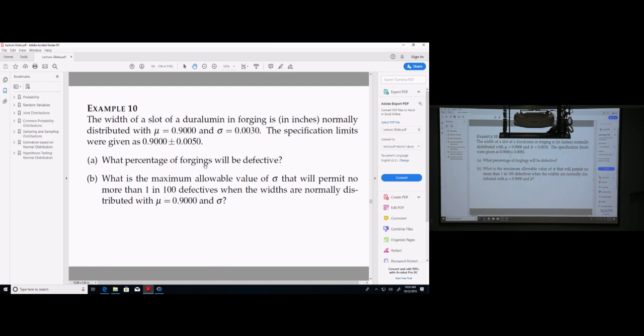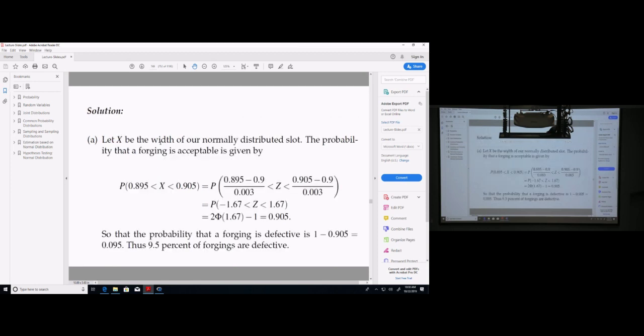Now, what percentage of castings will be defective? That means it would exceed either 0.905 or above, or 0.895 or below, right?